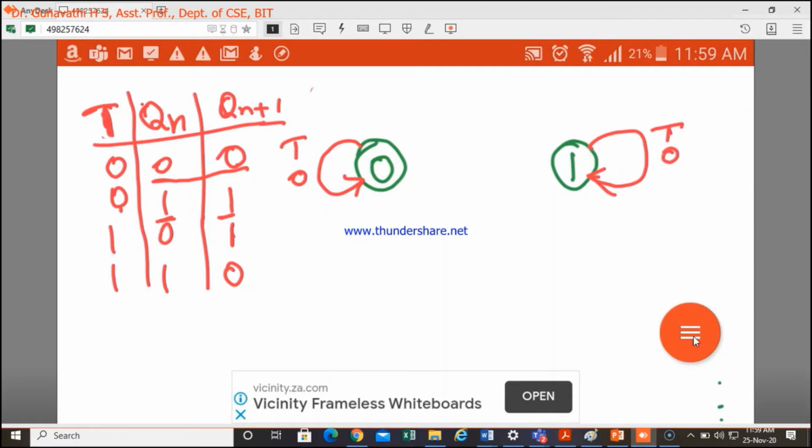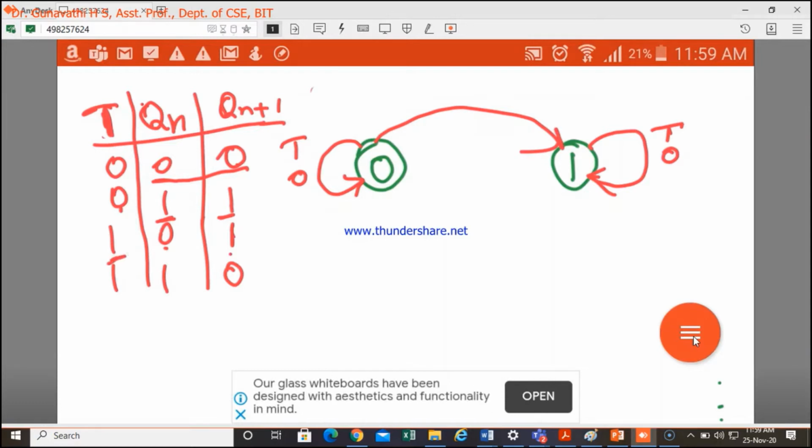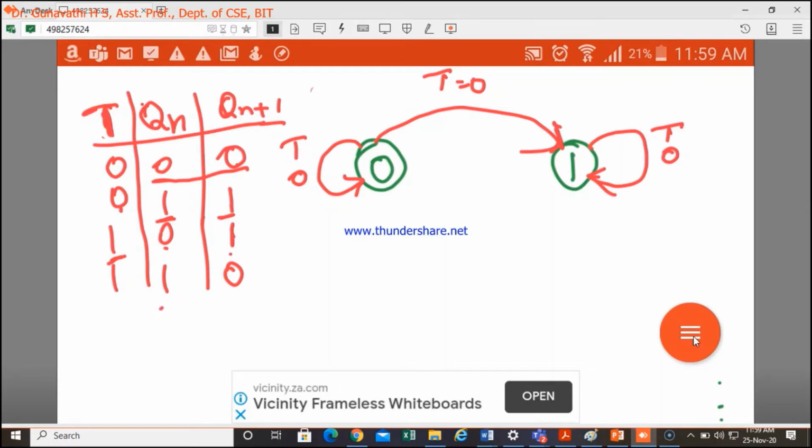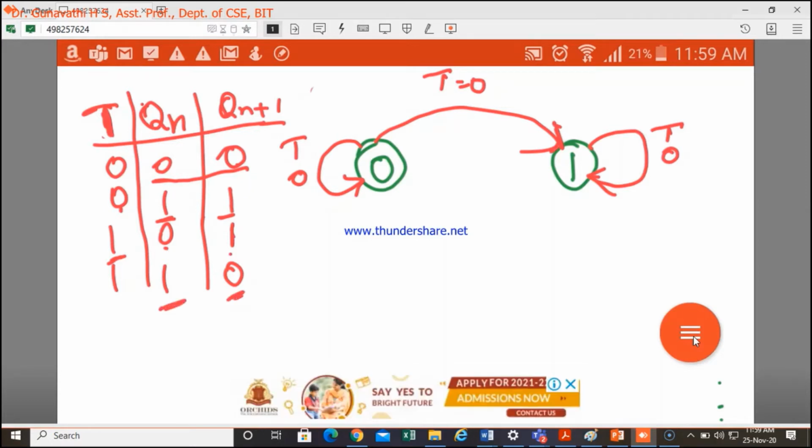Now I was in 0, I'll get 1 when my T is 1. So when T is 1, this is the output I'm getting. I was in 1, I'll get 0 when it is 1. This is called a state transition diagram or state diagram.